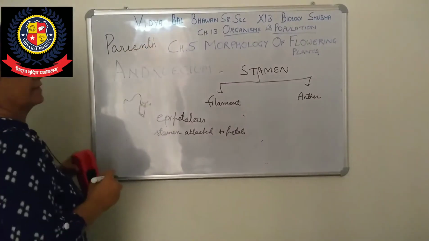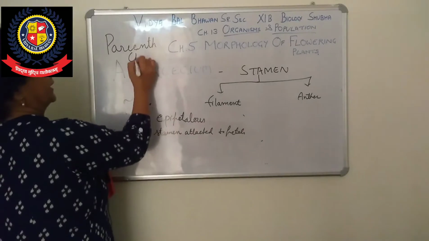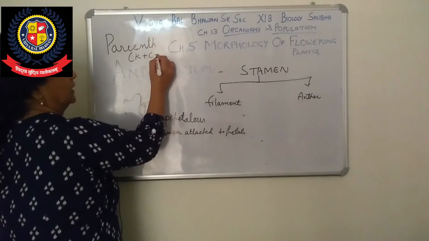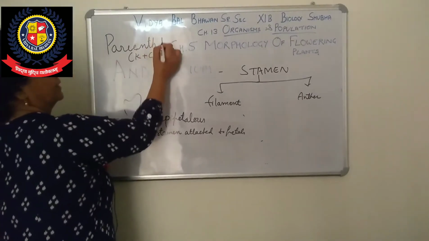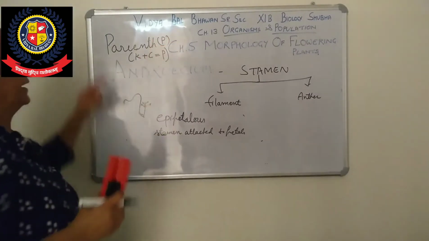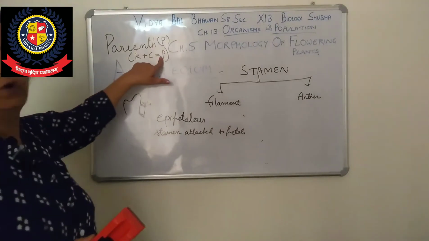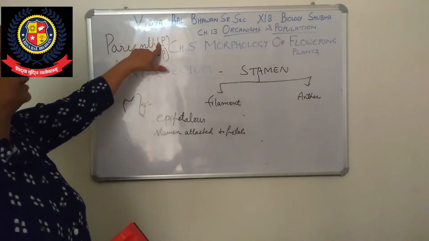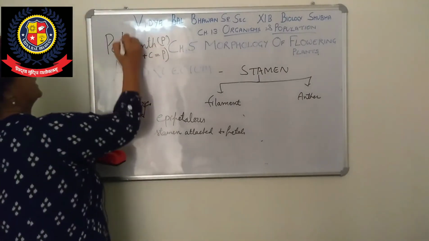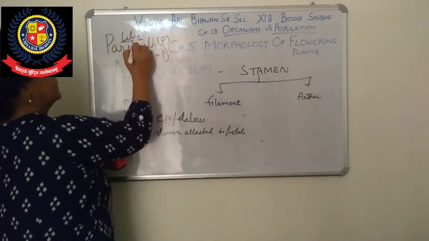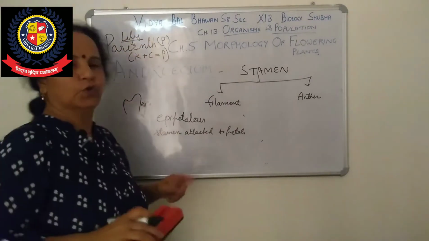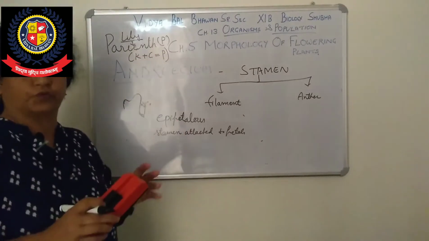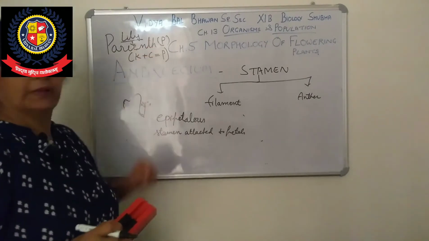Perianth means calyx and corolla fused together, represented by P. Calyx plus corolla form the perianth. An example is the lily flower. In lily there is no differentiation between calyx and corolla, they are fused together, so that will become perianth.